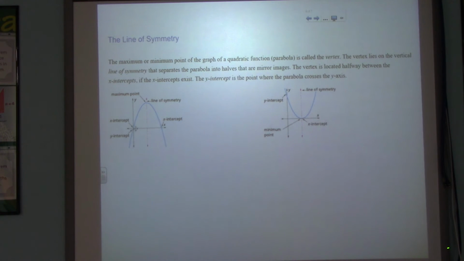Sometimes there's two x-intercepts, sometimes there's one, and yes, sometimes there's even none. Please write this information in your notes, Cornell style. Your trigger word should be to the left, your content should be in the middle. Pause the video. When you're done, we'll see you soon.